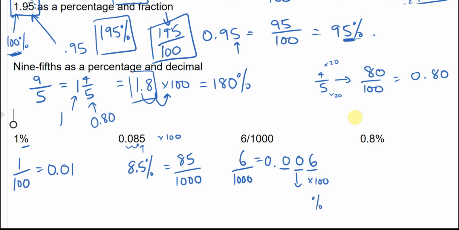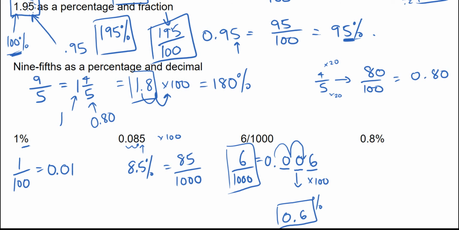So our decimal point multiplied by 10, multiplied by another 10, would end up there. So 0.6. So our 3 numbers are 0.6%. The decimal is 0.006 and the fraction is 6 thousandths.